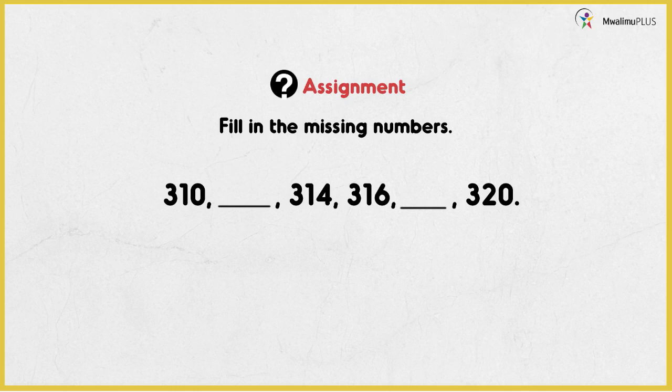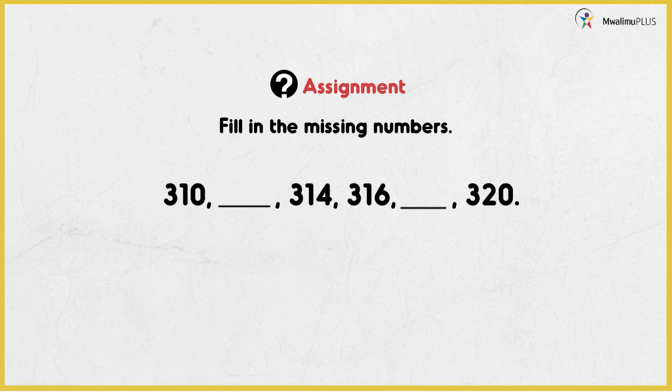Is that okay? Very good. Now, for us to be able to know the rule that is being followed here, and if we are increasing or decreasing the numbers, we are supposed to see the two numbers which follow each other. For example, in our pattern, we have two numbers which are following each other.